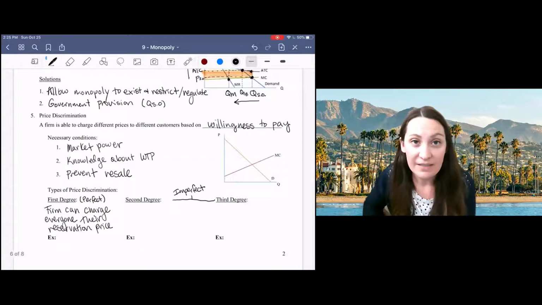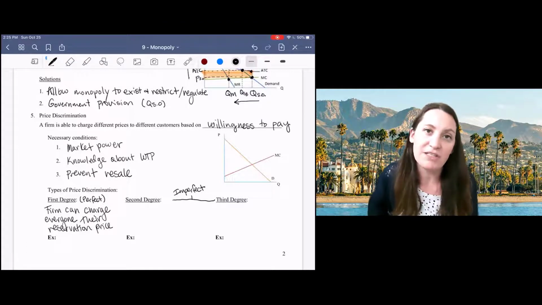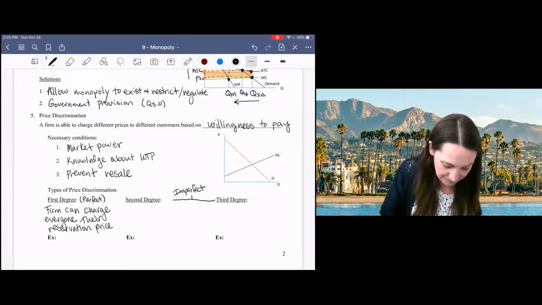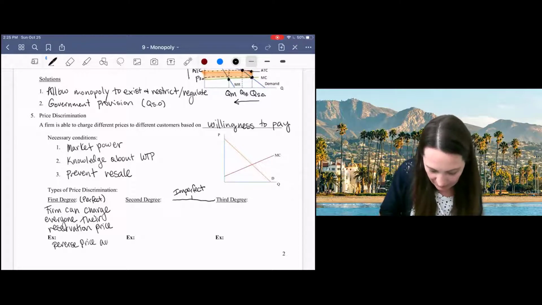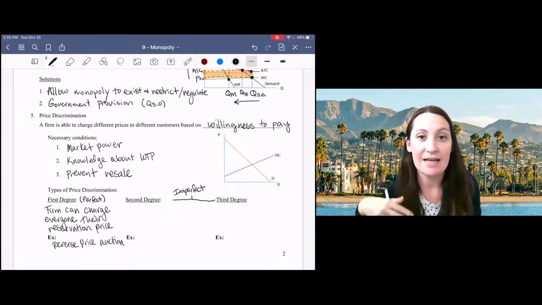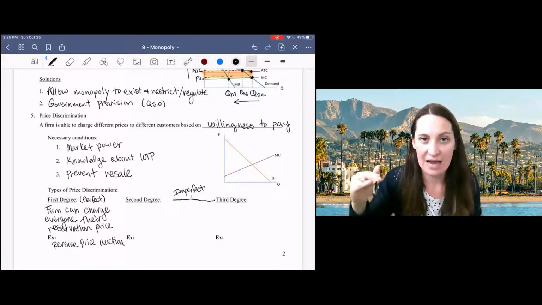So we have some examples of this, not too many, but some examples of situations that probably get pretty close to perfect price discrimination. Reverse price auctions, where we start out with a really high bid. We say something nobody's going to pay, and then the price comes down.